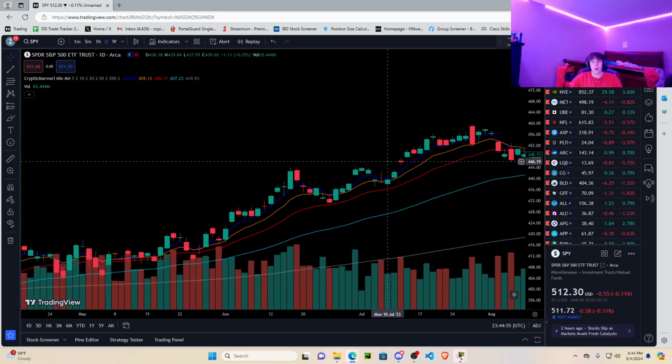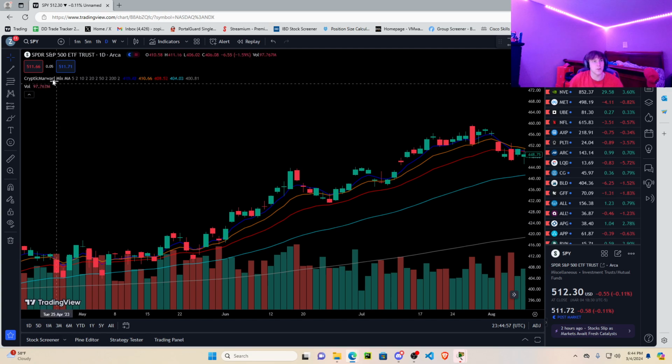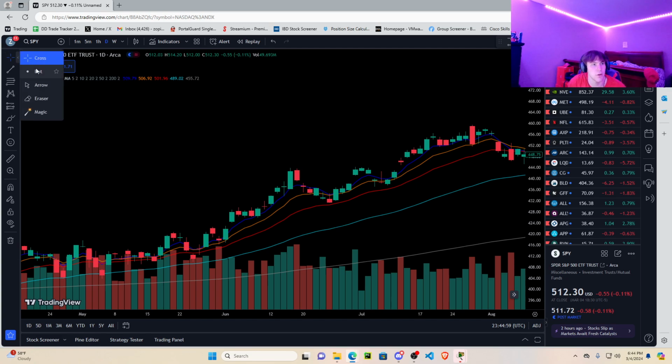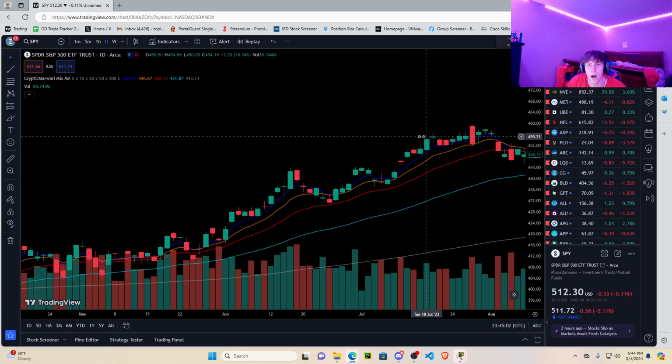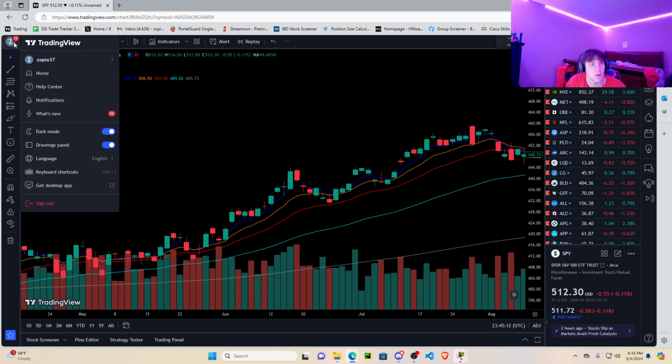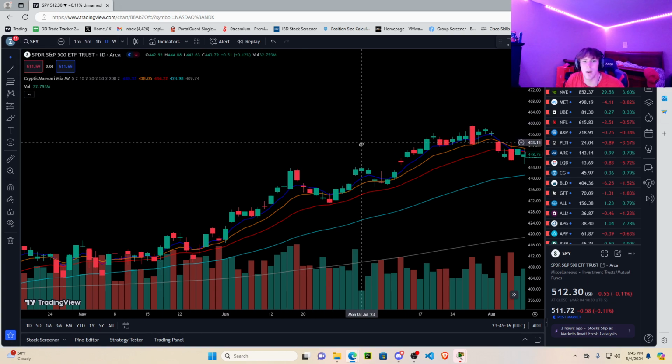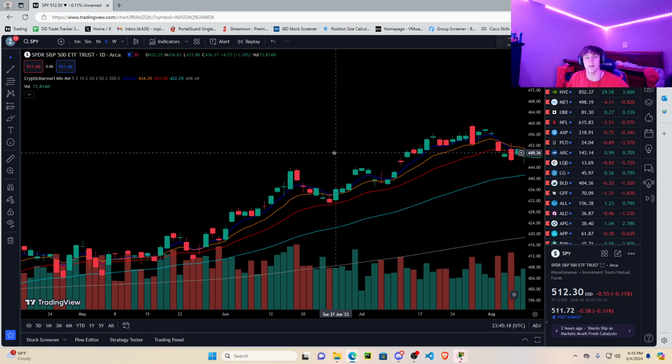All right, for red candles, let's see, can I fix my cursor? I wish. I want these dotted lines to go away.